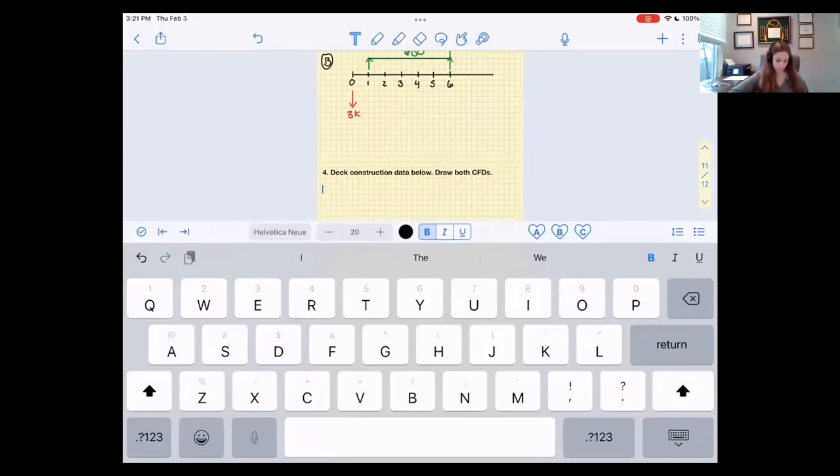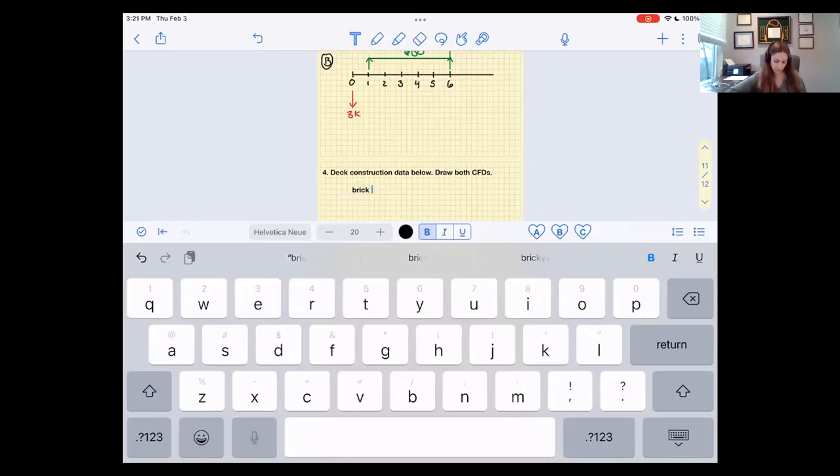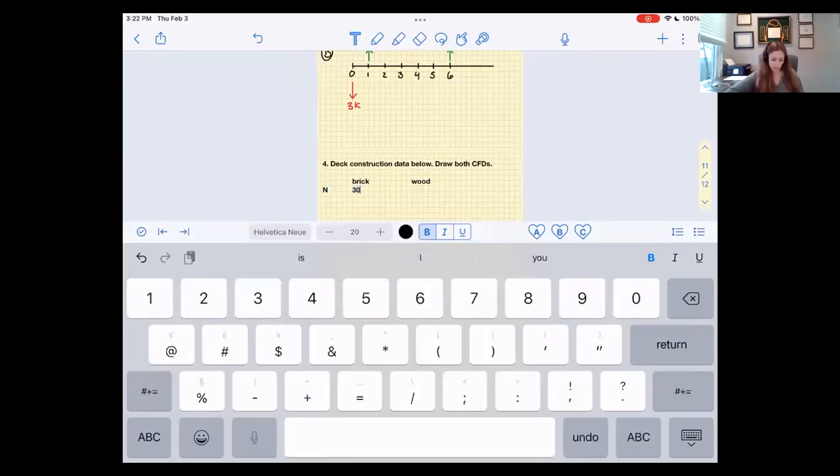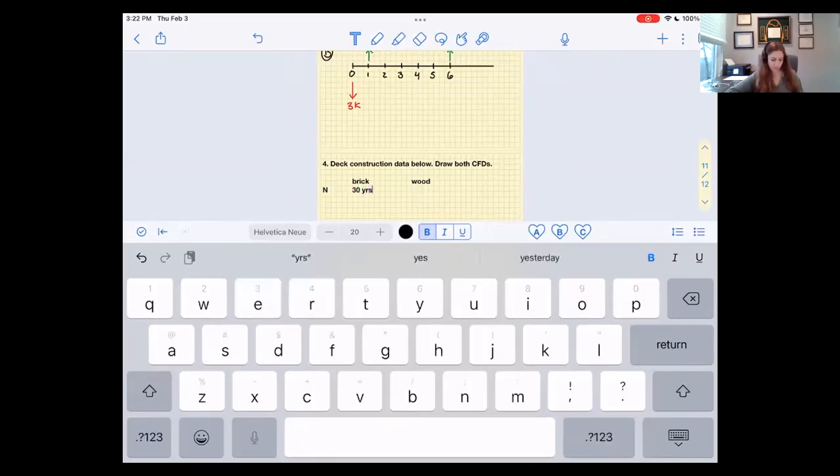So we've got brick and wood. So we're deciding between a brick deck and a wood deck. And the useful life is 30 years versus 10 years.